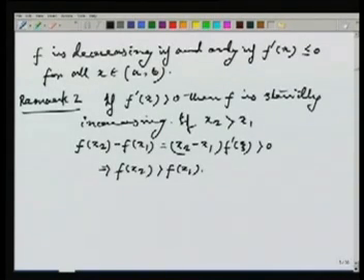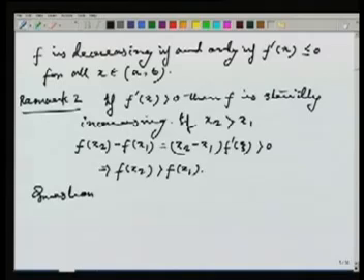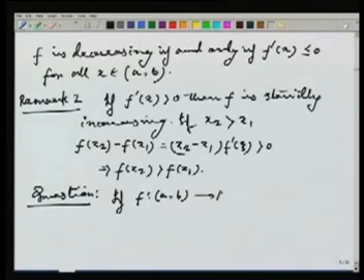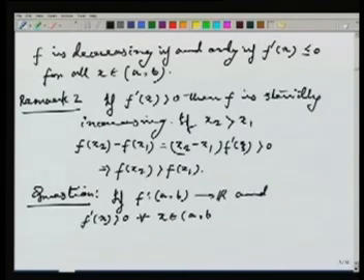But what about the converse? Is it true that if f is strictly increasing, then its derivative everywhere is strictly bigger than 0? So the question is, if f is from (a, b) to R and f prime x is strictly bigger than 0 for all x in the open interval (a, b), is it true that f is increasing?